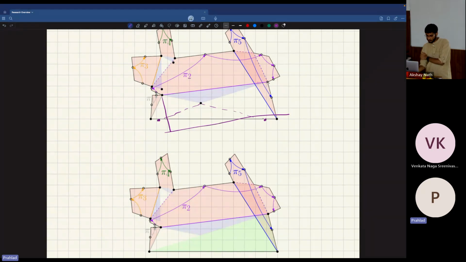The big problem, of course, is that if you do this, this is not convex anymore. This is a reflex vertex. So you can at most only extend up to this, and the same thing here, you can only at most extend up to that. Of course you can maximally extend on the other side, maybe, for example like this.